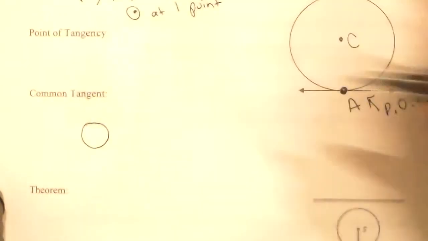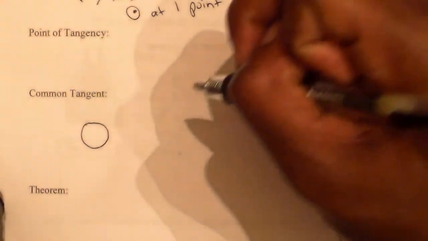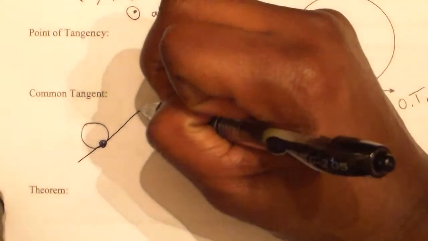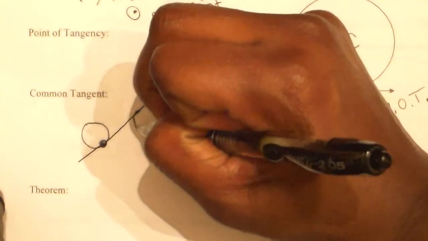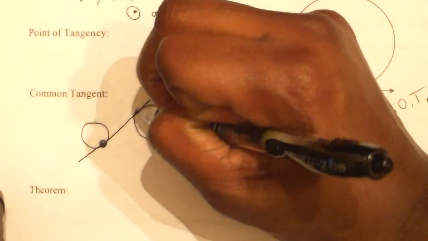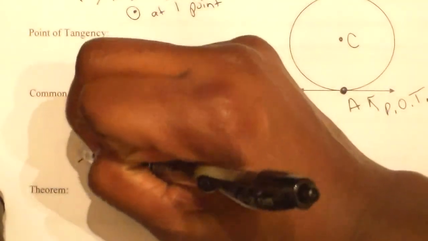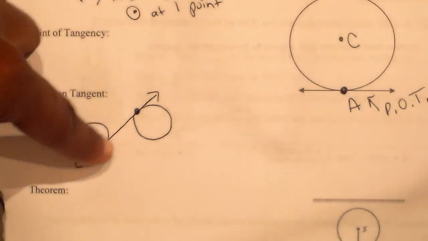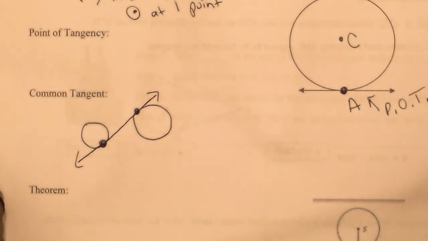For example, and y'all know my drawing is bad, if I had a circle, and I draw the line, the point of tangency is meeting right there, intersecting at one point. And if I had another circle, so I have two circles, and assume my line's straight. Oh, my line actually is pretty straight. So it's two circles and they have a tangent in common, a line in common that intersects both of them.